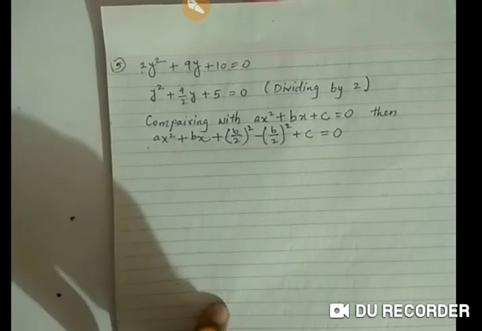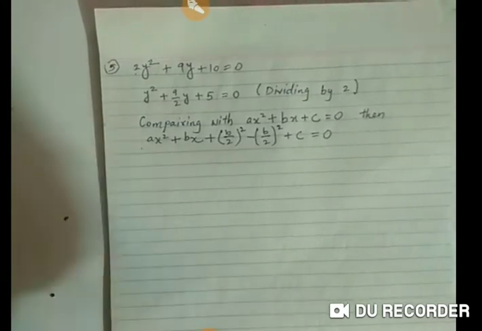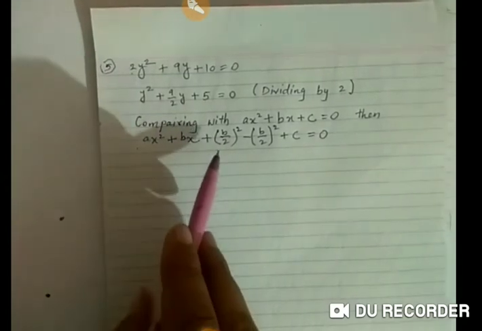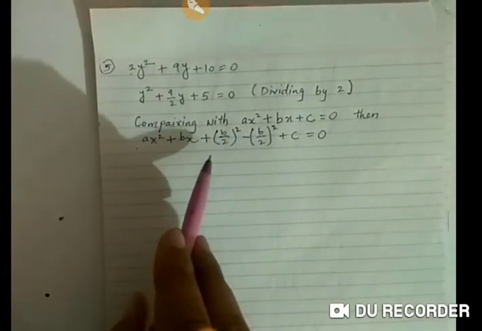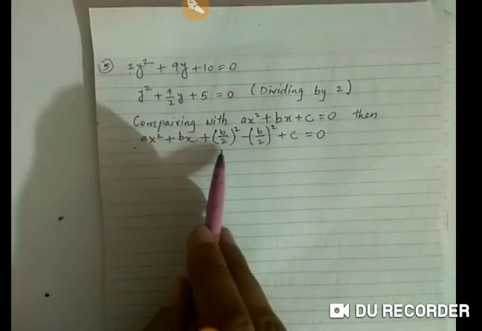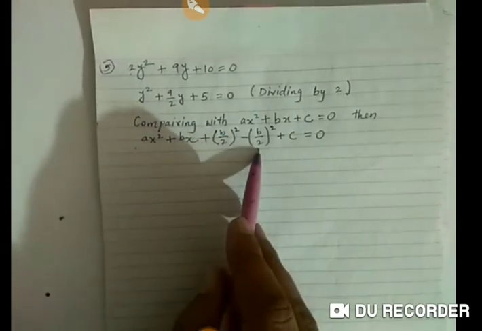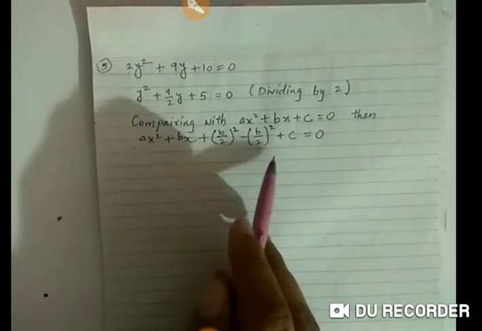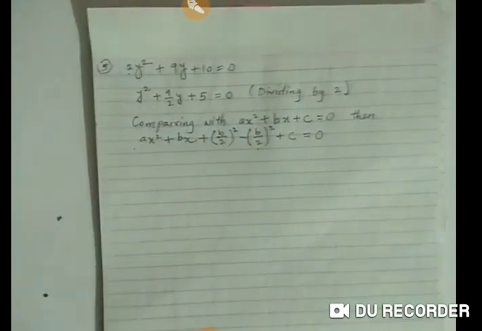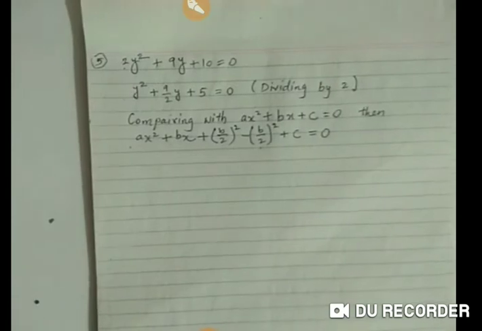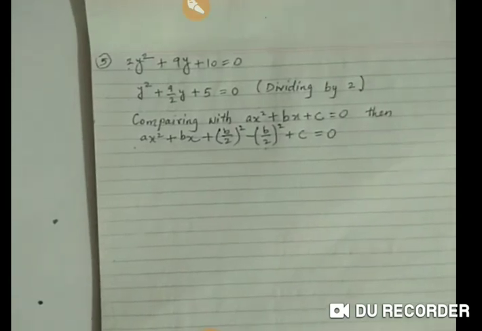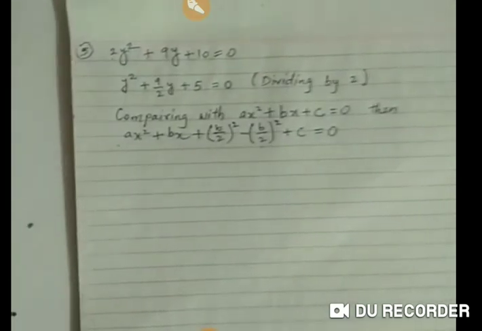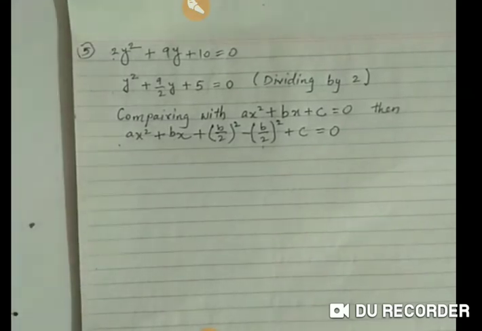What are we doing here? We are just changing the form of the equation. As you can see, we are increasing by b by 2 whole square, and on the other hand we are decreasing the equation by b by 2 whole square. So in that way there is no change in the original equation, right? It remains our original equation, right?